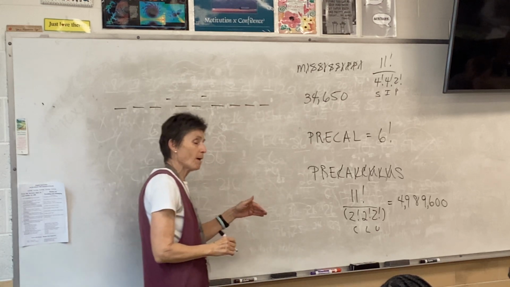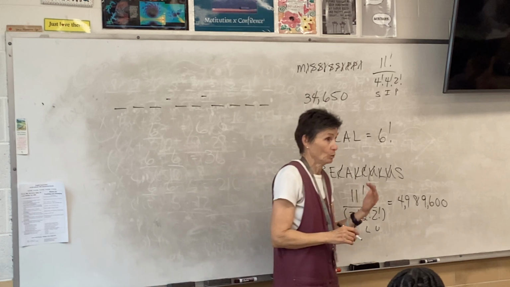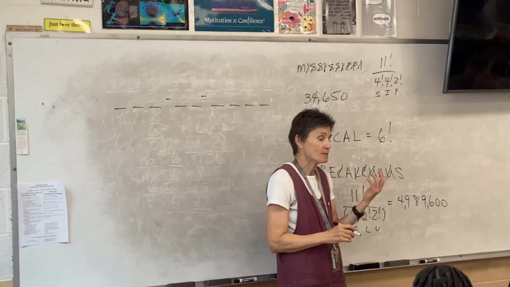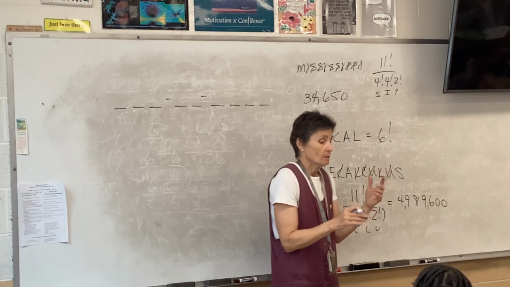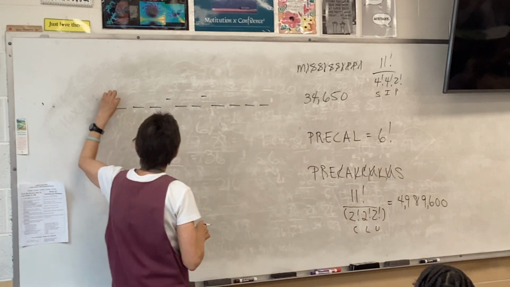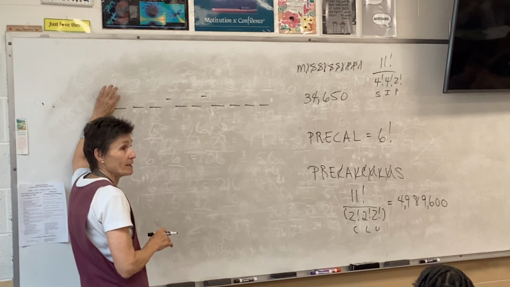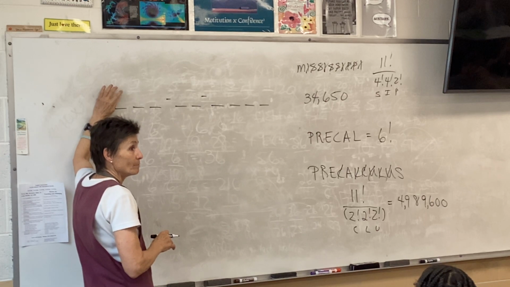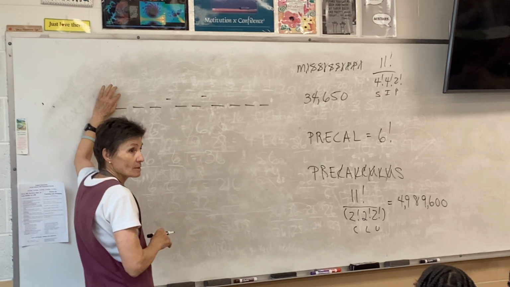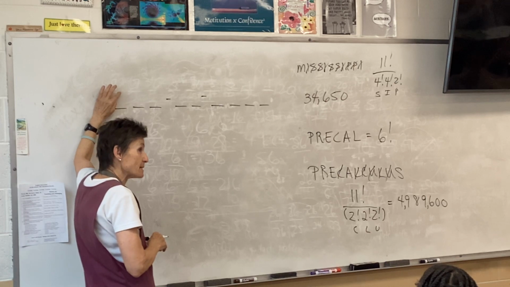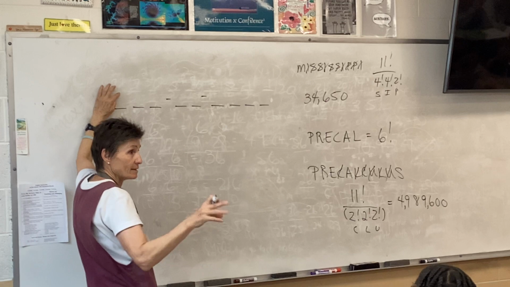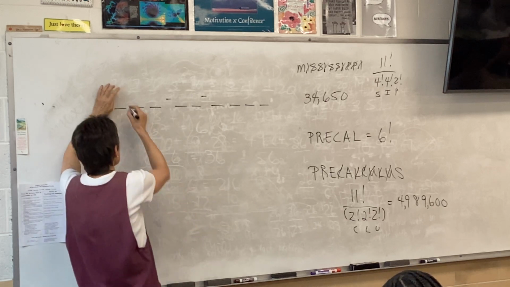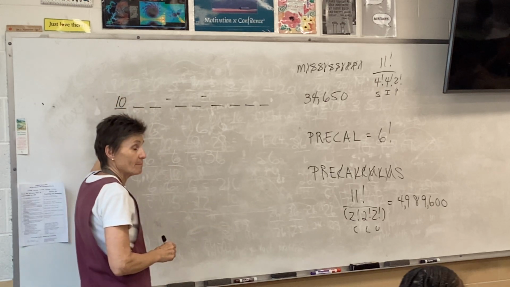Now, I think probably in the real world there are some rules about social security numbers, but we're saying anything goes. So, how many digits are an option for this spot right here? 10. It says anything goes. I can pick a 1, a 0, a 3, a 6. I have 10 choices for that spot.